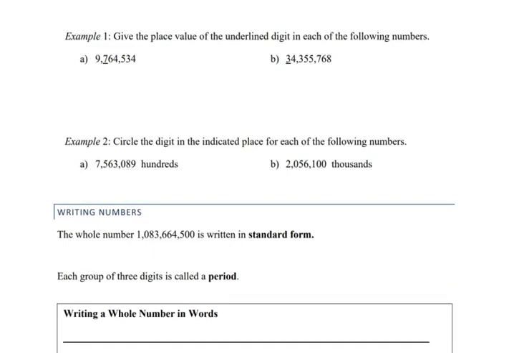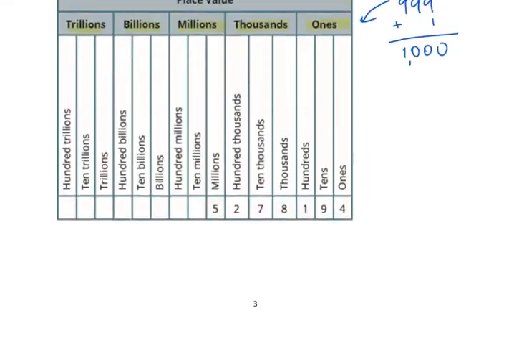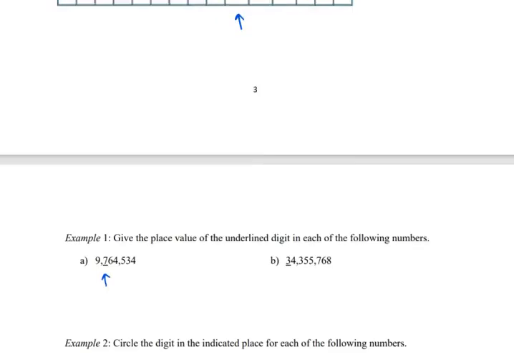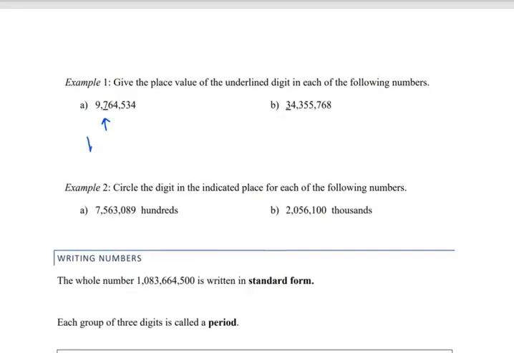Okay. So here in the first example, number 7 is underlined. So it is the second group from the right. So it's going to be in the thousands group. And then in the thousands group, it occupies this place right here, the very far right place. So that means we are in the 100,000s.